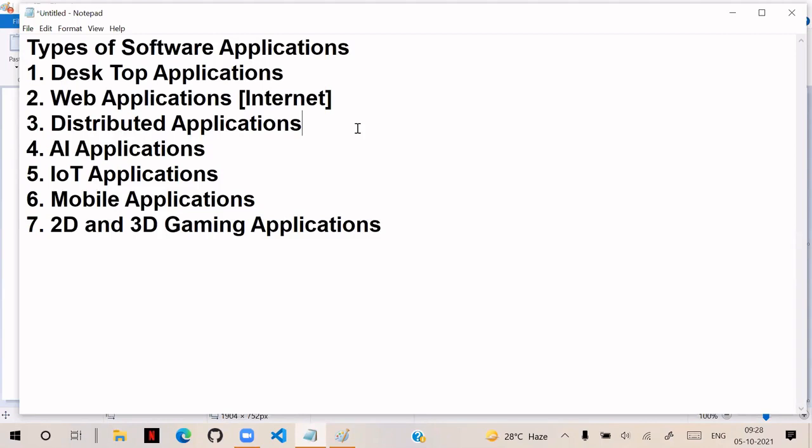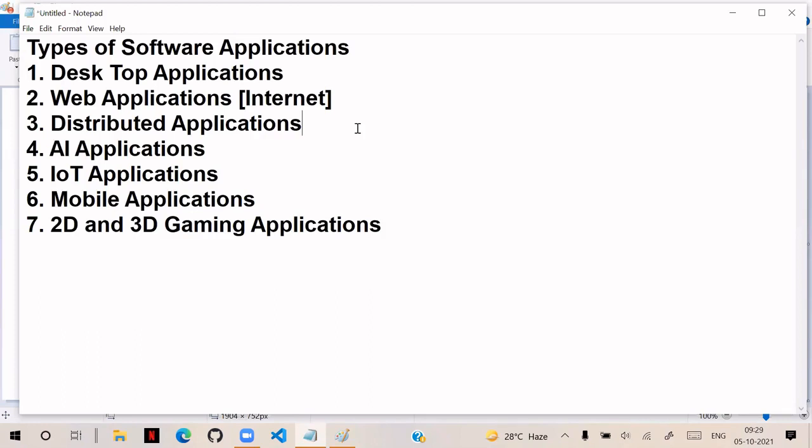Mobile applications, as I just told you, are mobile native applications like calendar, calculator and all. And 2D, 3D gaming applications means the applications that work on game consoles, like you know about Xbox. You go to the multiplex, you will see game devices.